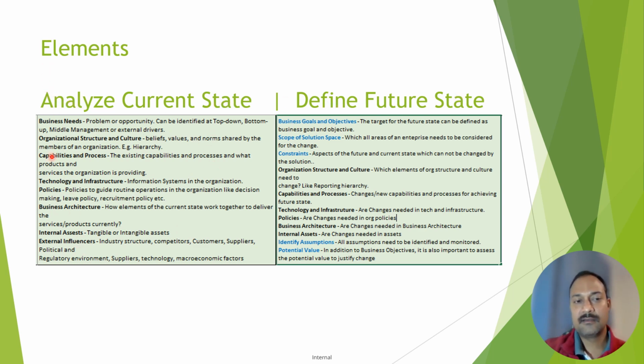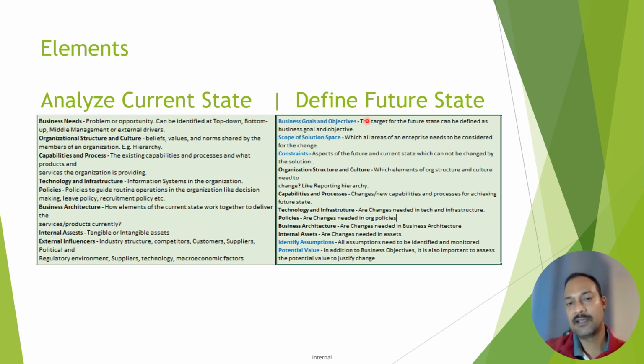As you know, the business need was the input for analyze current state, and the external influencer was influencing the analyzed current state. Those are highlighted in blue font. These are the separate odd man out, and you have to memorize these.